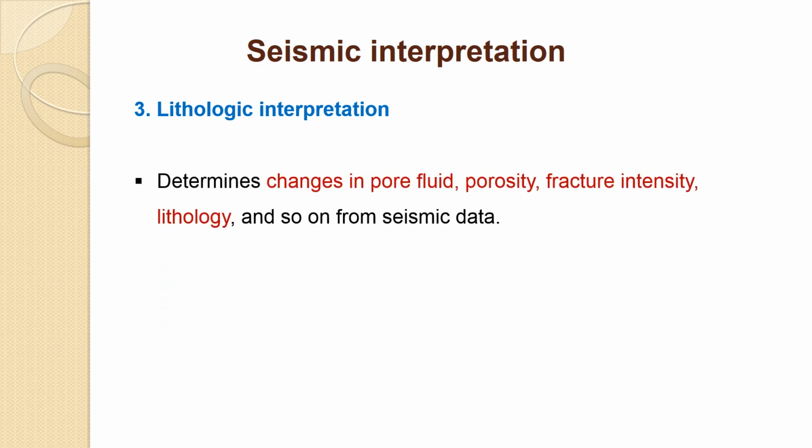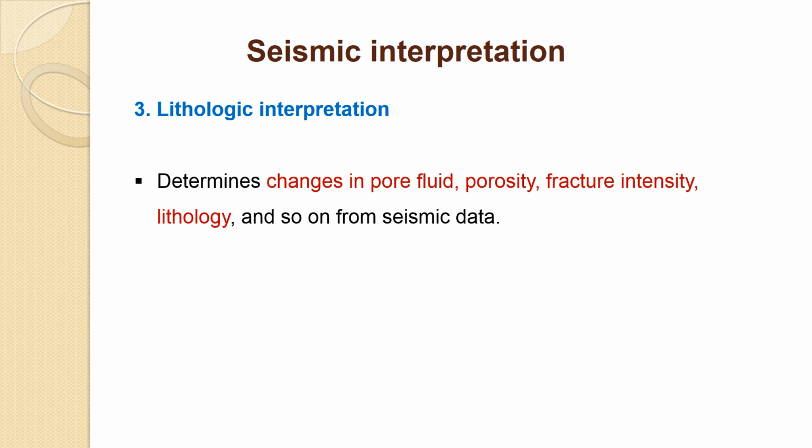And here, this interpretation determines the changes in pore fluid, porosity, fracture intensity, and lithology, because it discusses the lithology characteristics. So it will give you an idea about the change in pore fluids, the value of porosity, the fracture intensity, lithology, and so on.